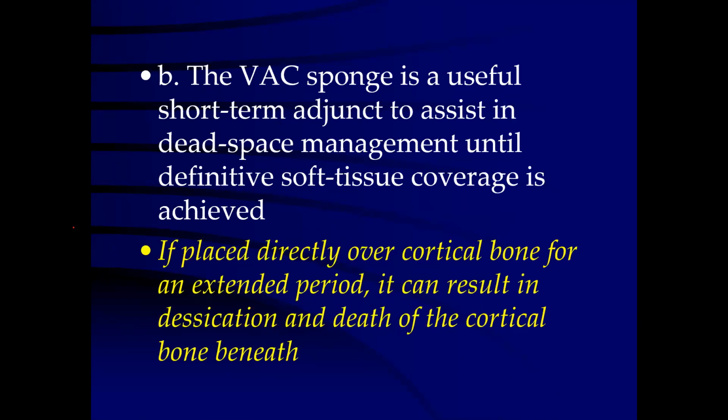The vac sponge is a useful short-term adjunct to assist in dead space management until definitive soft tissue coverage is achieved. If placed directly over cortical bone for an extended period, it can result in desiccation and death of the cortical bone beneath. We should not apply it directly on cortical bone.